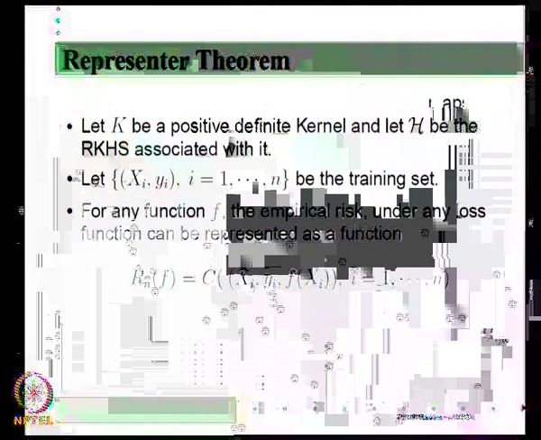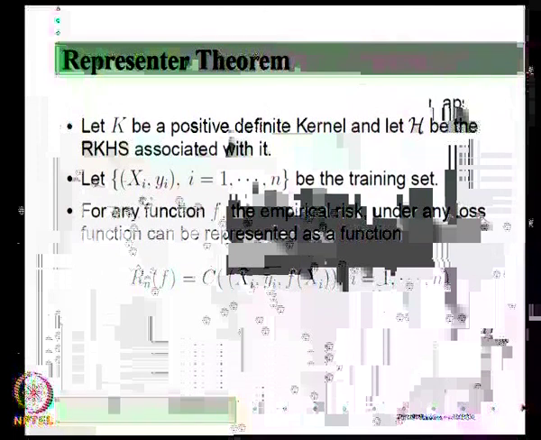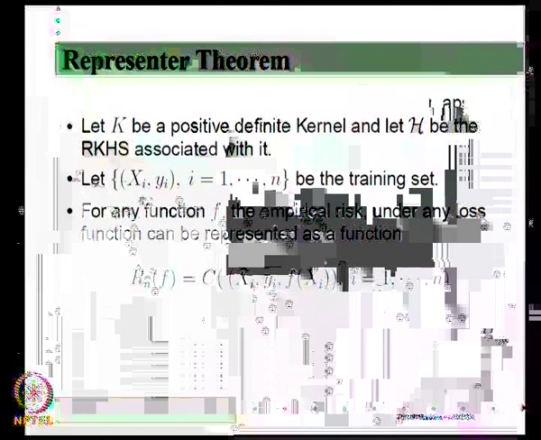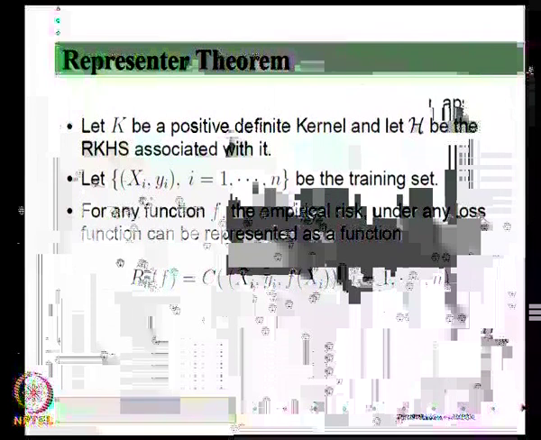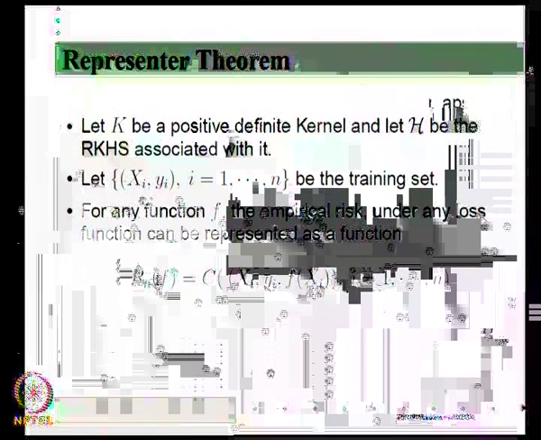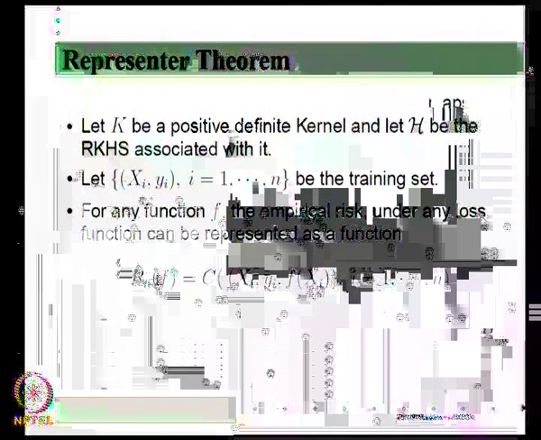It can't depend on anything else. So, let us write the empirical risk of any function f as some function c of (x_i, y_i, f(x_i)), i equal to 1 to n. Right? So, we do not have to worry about what our loss function is.